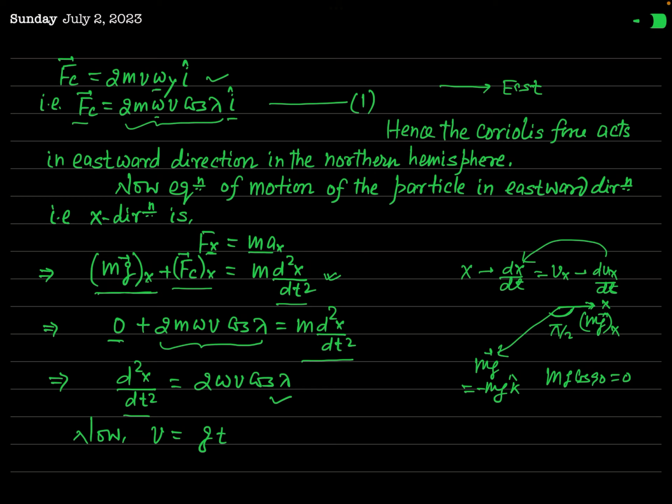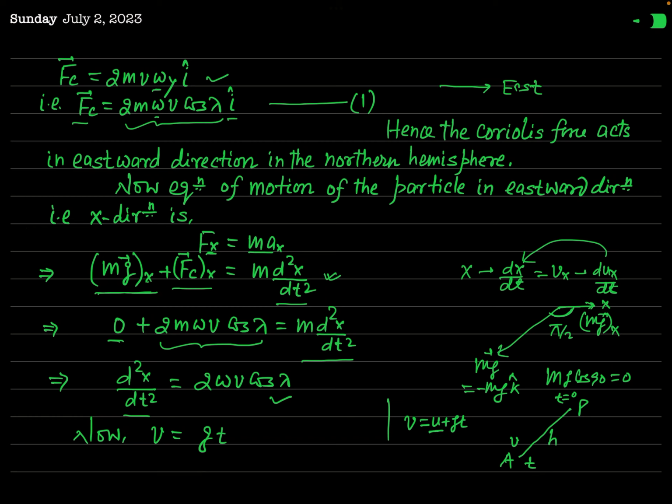But you know, when the particle is dropped from this point P and is just about to reach the Earth's surface at A after covering a distance h, the time is t. It means we assume that the body is dropped at t equal to 0 and it acquires a velocity v at time t. So from the kinematical equation of motion, V is equal to u plus gt.